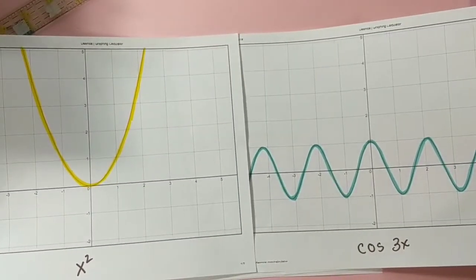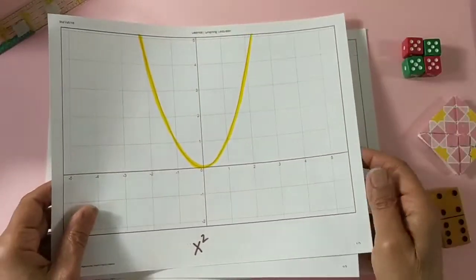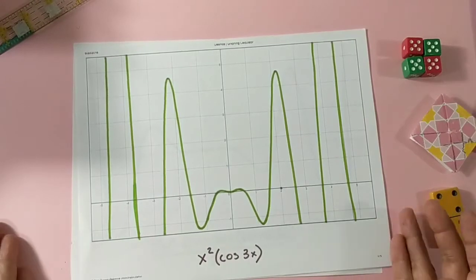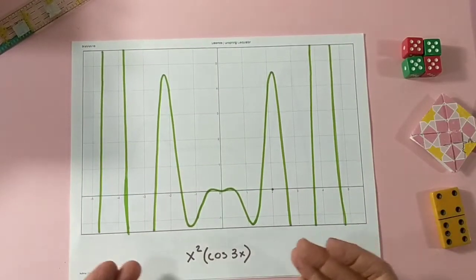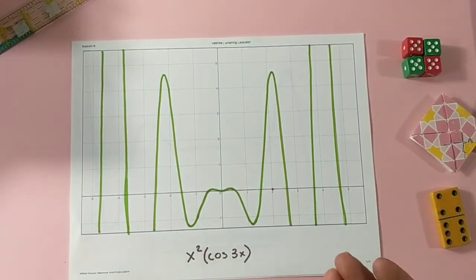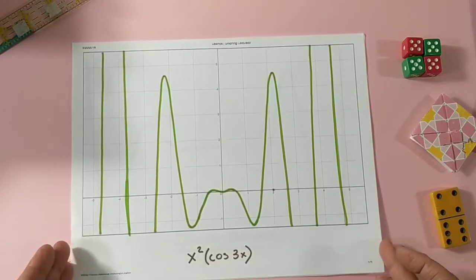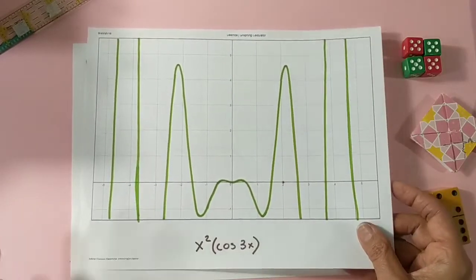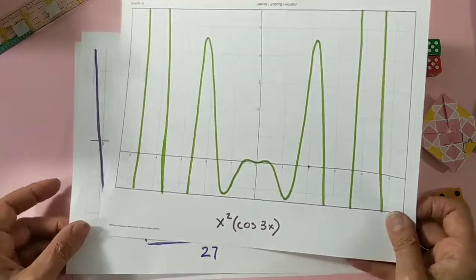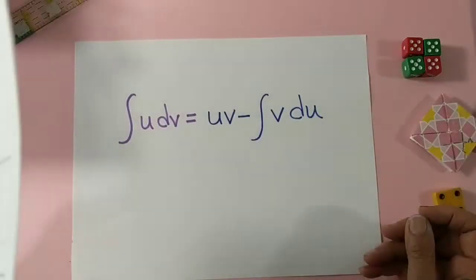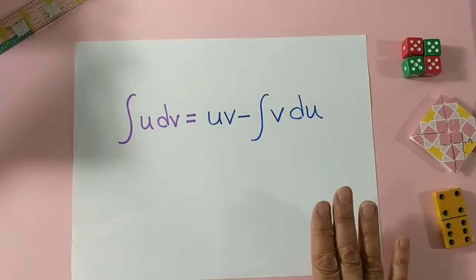That's what we need integration by parts for, because you end up with a function that looks like this, and you have to figure out an area formula for that. So that's all I'm going to talk about in this video. In my next video, we'll be just talking about how to do that.